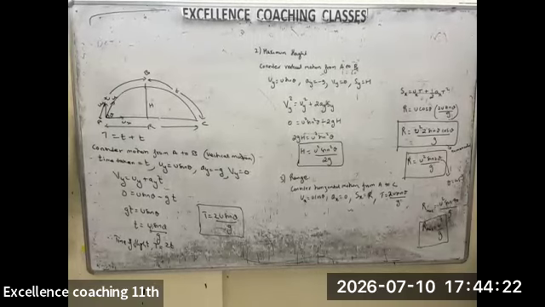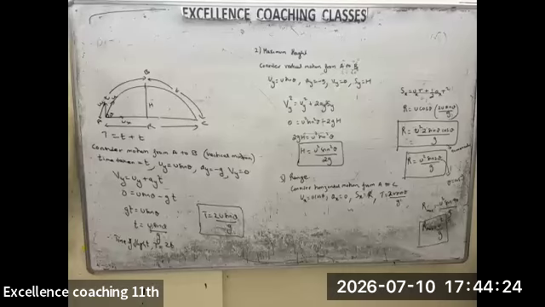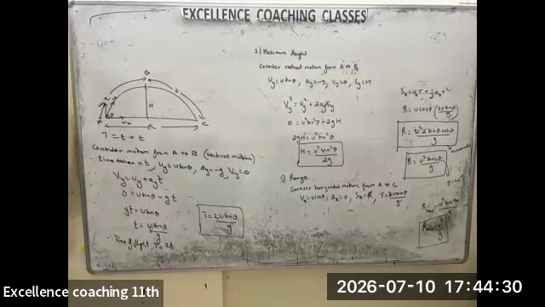Next, find the velocity after 0.2 second of projection of the ball. Next, what is the angle made by the velocity after 0.2 second?